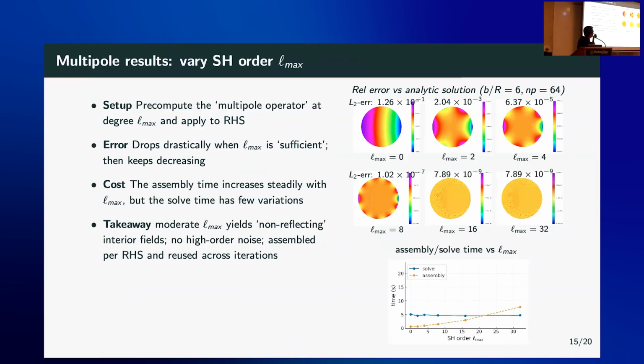You can see that, although it's not obvious, from some analysis it increases with the square of L. Yeah, and the feature is, of course, it has to be assembled for each right-hand side, but it can be reused across iterations.